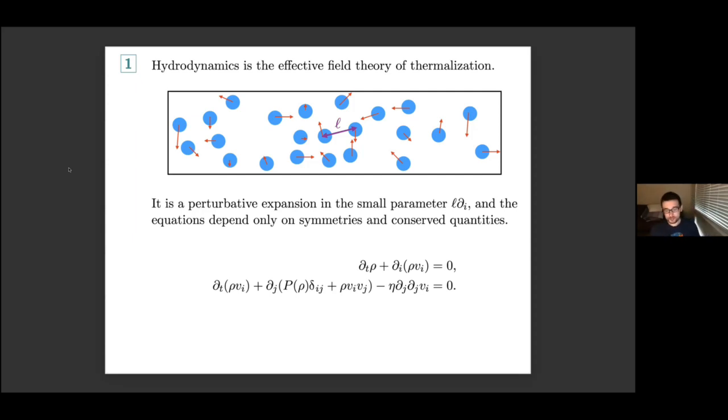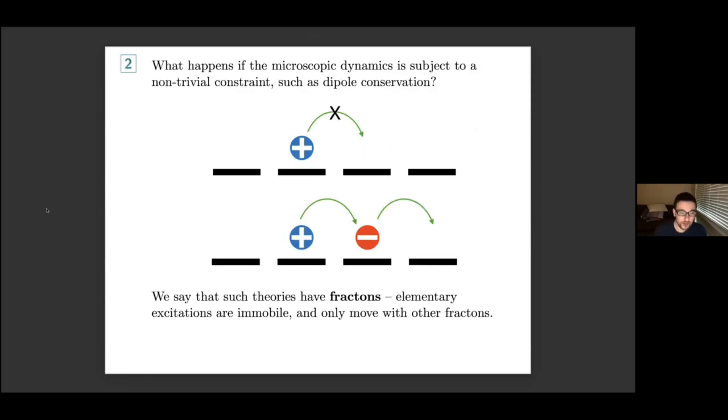Now, this talk is going to be about systems where the notion of what the symmetries and conserved quantities in your system are will be a little bit unusual. And as we'll see, this will lead to peculiar and interesting changes to hydrodynamics. In particular, let's imagine that we're studying microscopic dynamics that is subject to some kind of non-trivial constraint.